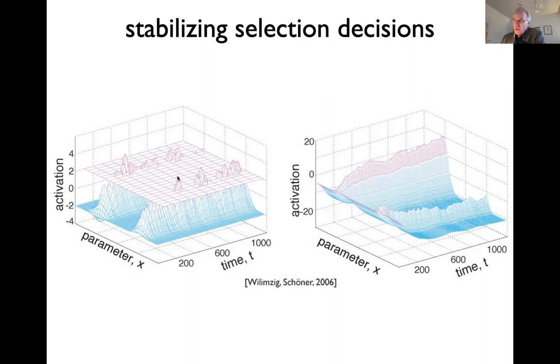And the plane that was put in here is just used to make it visually easier to guess what would be happening. What you see is that if you have no interaction, this is just the field as an input low pass filter. So it just has the linear parts and no interaction. And then there would be fluctuations. In this case, the two locations have equal inputs. So just by chance, sometimes activation is a bit higher, a bit lower, and the ceiling that was put in there helps to visualize that.